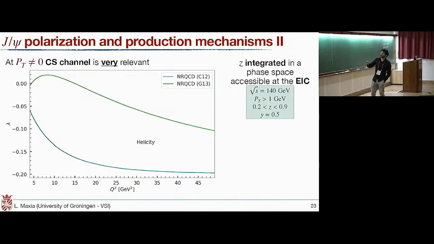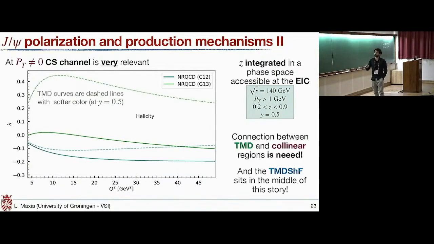And in particular, if you take those two curves and I compare with the previous one, here, dashed lines, you will see that, yeah, they're much closer to each other. So to actually conclude that you can have some such a sensitivity, you can do some kind of extraction, first of all, again, you need some connection between the TMD and collinear region. And here, again, with respect to Q square.